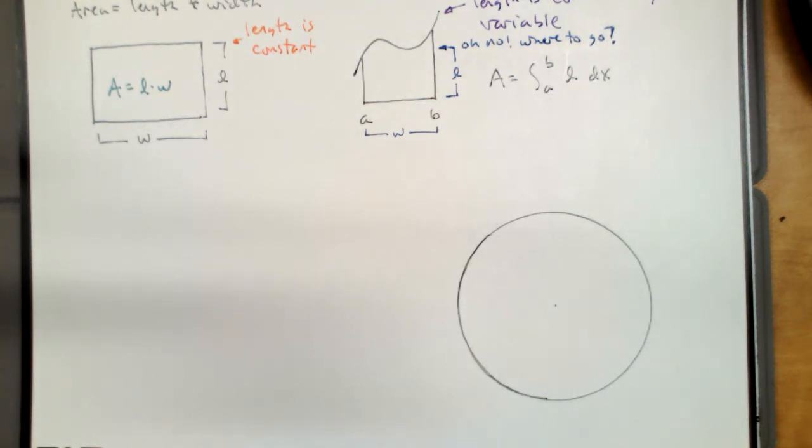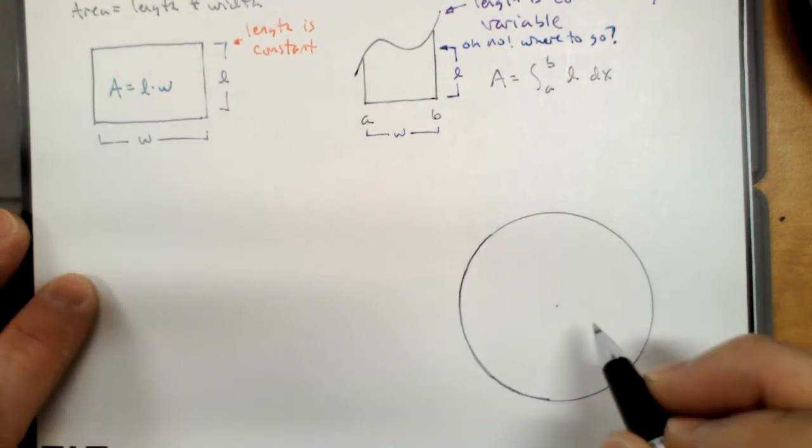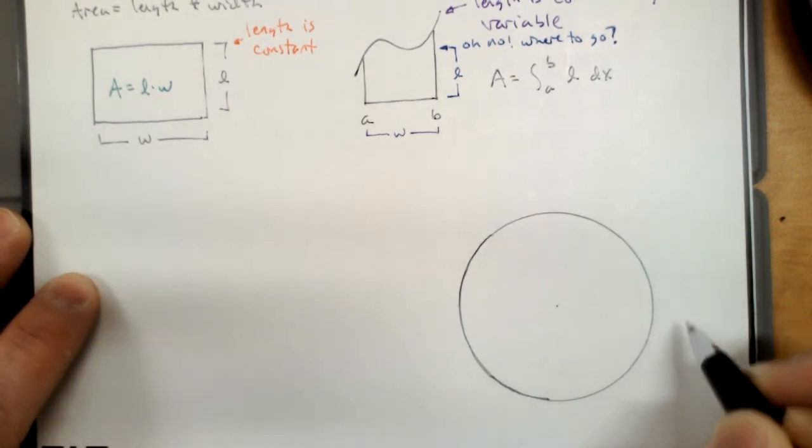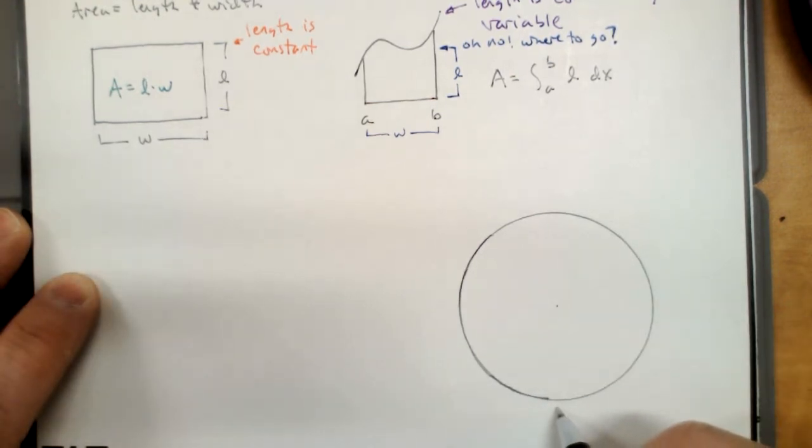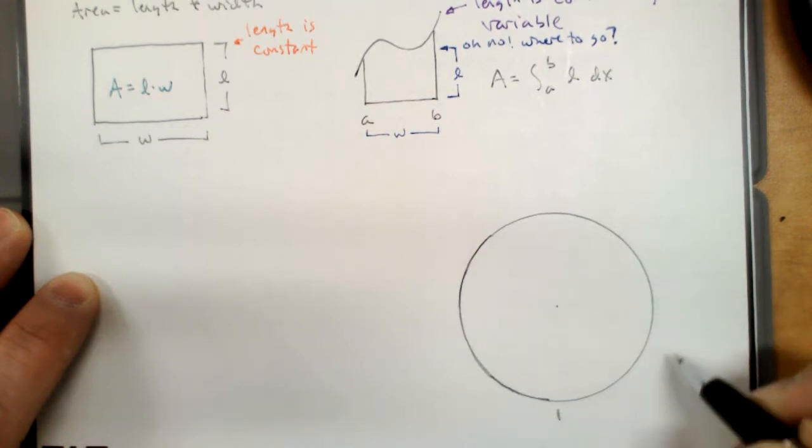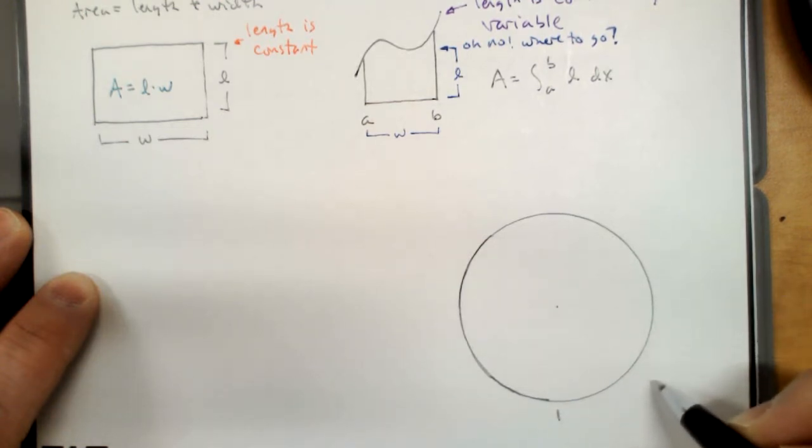Let's suppose that we have a circle of radius C. Mark the radius down here.